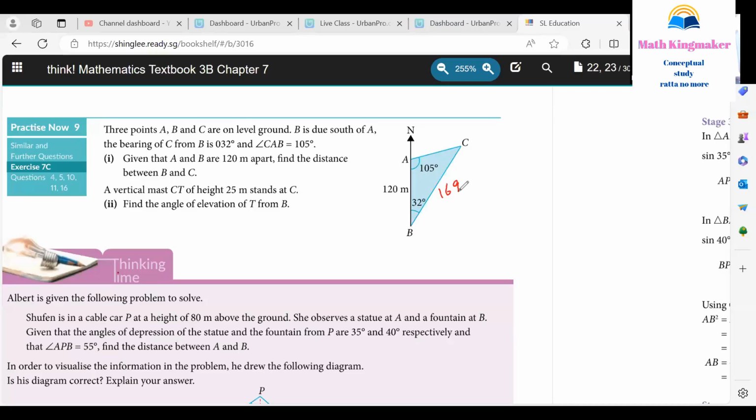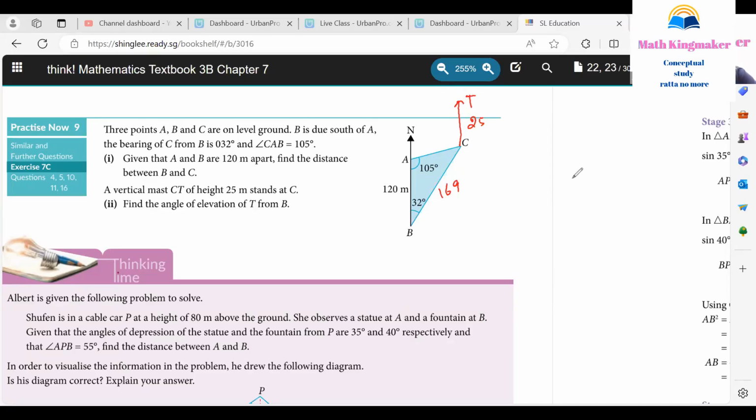Okay. So now a vertical mast CT of height 25 meters stands at C. So it's a vertical mast like this. Okay. So it is of 25 meter height. So now you have to find the angle of elevation of T from B. So this angle you have to find out.